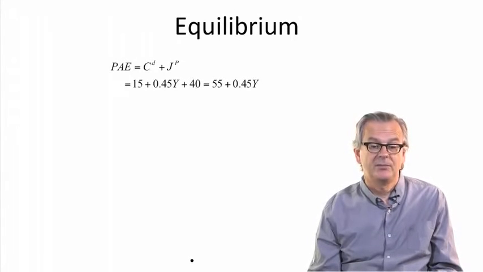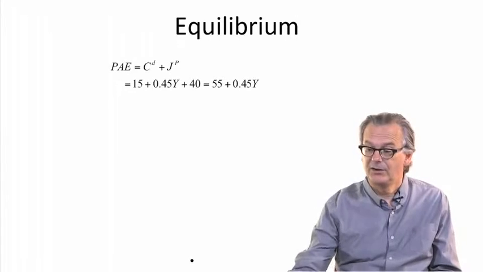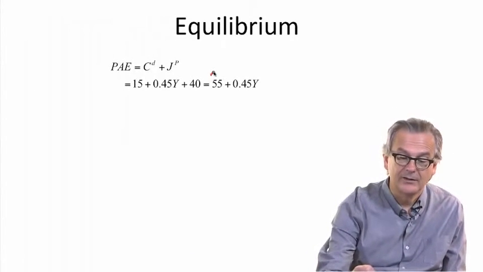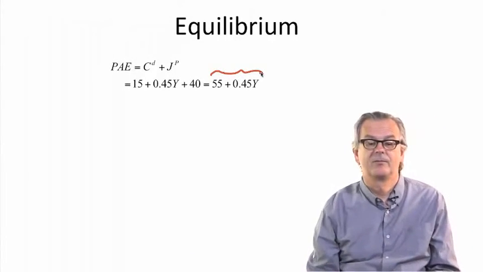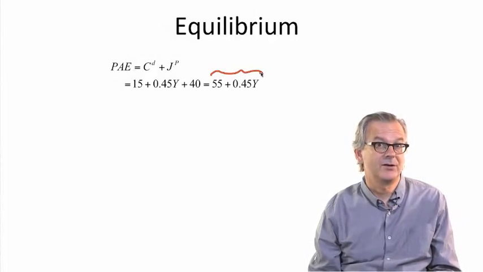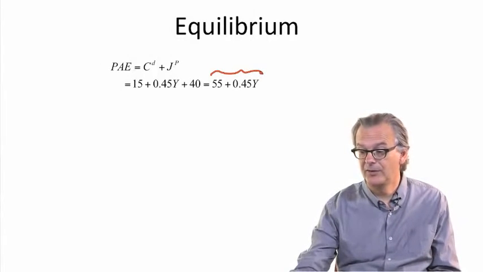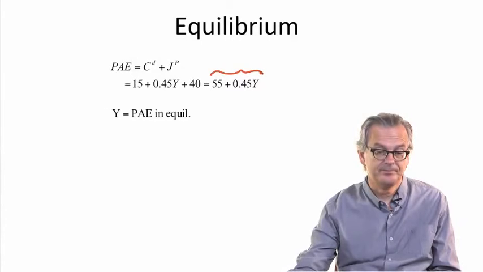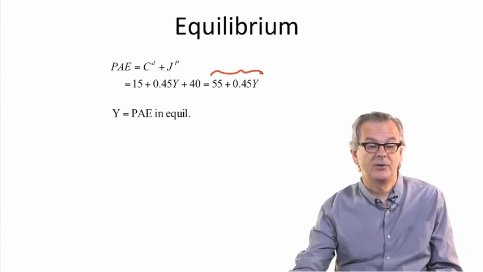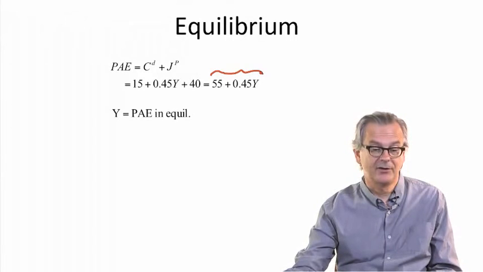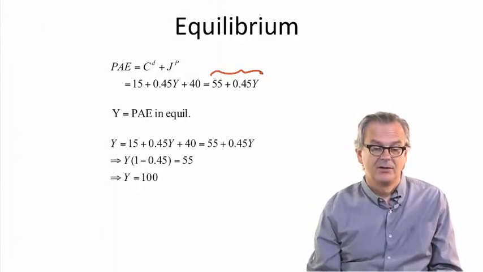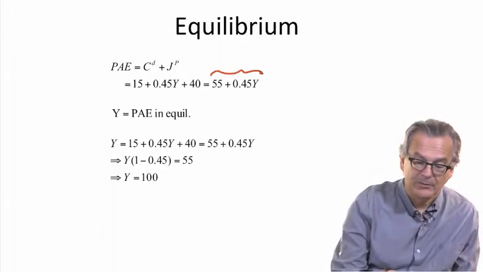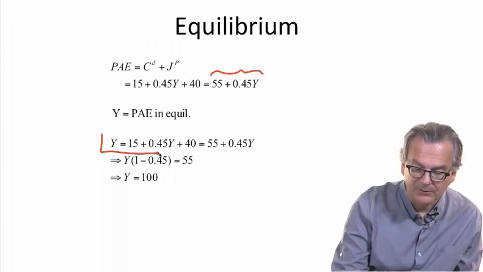We know the economy's planned aggregate expenditure can be represented by this little equation here. We use that information in the construction both of the table and of the diagram. We know that in equilibrium, the economy's GDP must equal planned aggregate expenditure. So in equilibrium, this must be true.